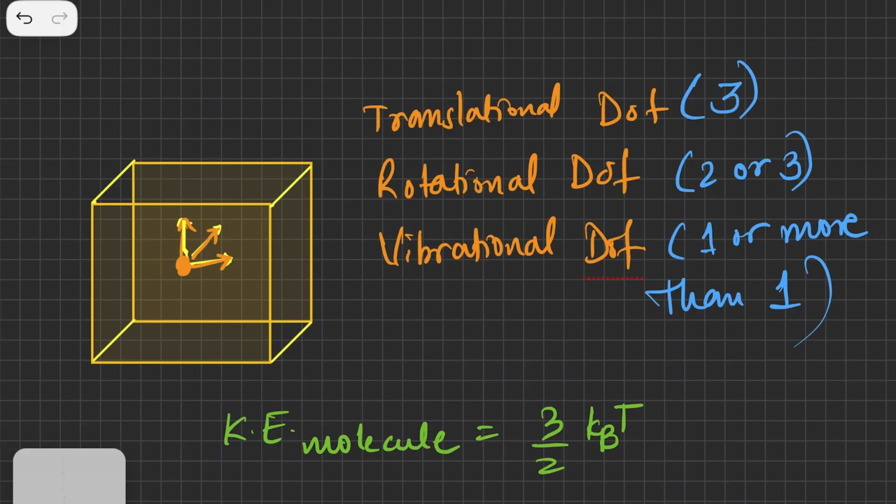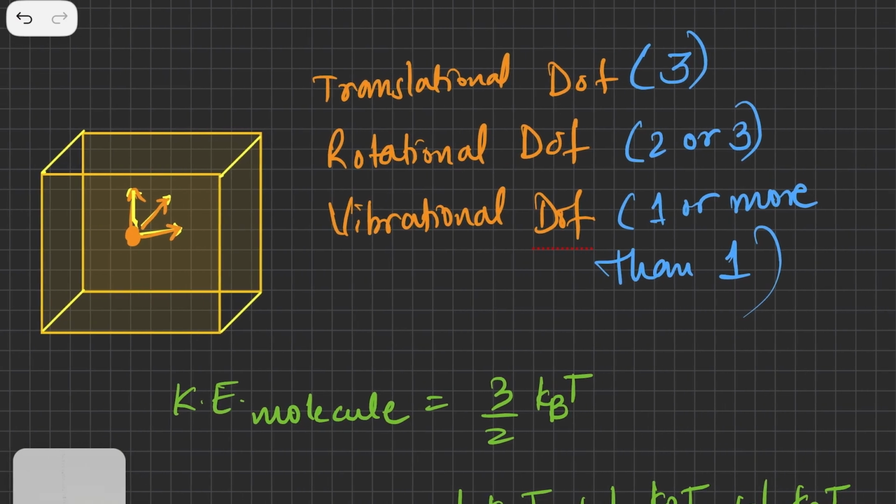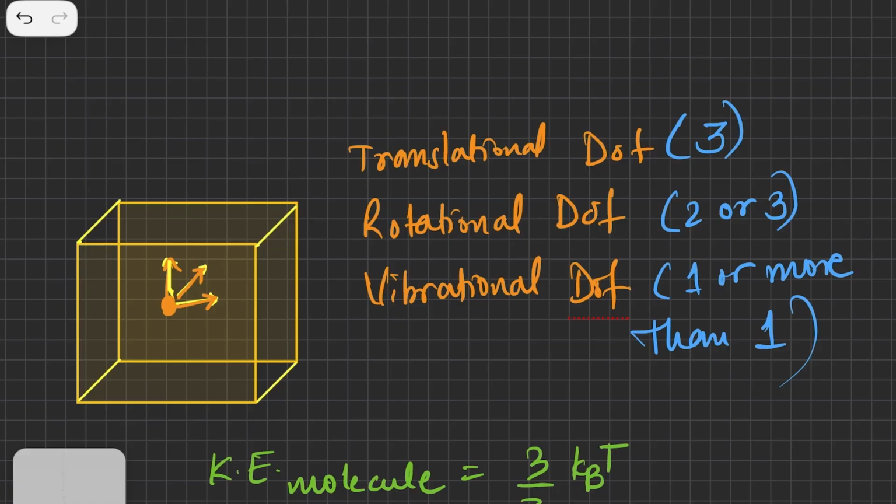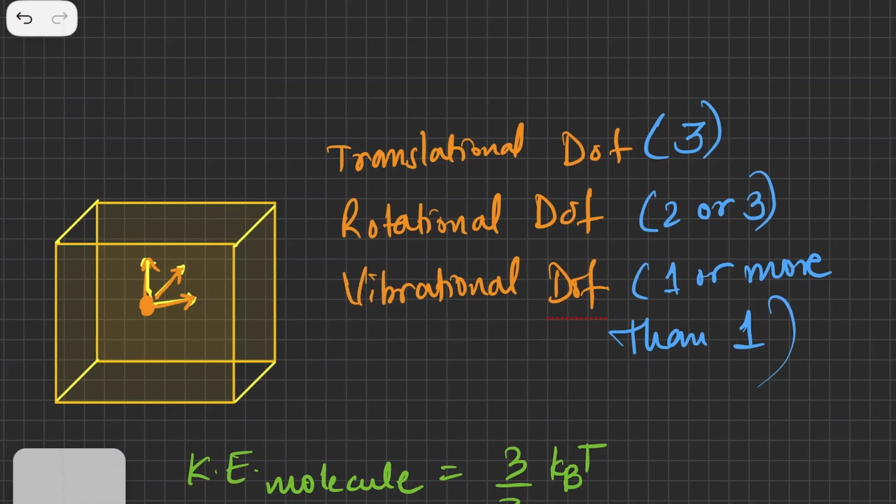We'll discuss this in detail shortly. So basically translational degrees of freedom can be a maximum of 3, rotational degrees of freedom can be a maximum of 3, and vibrational degrees of freedom can be 1 or more than 1 as well.